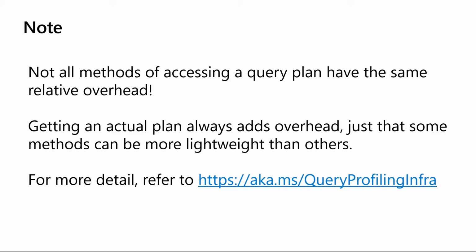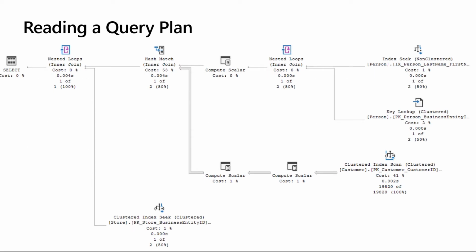Now that we've seen how to access a query plan, let's see how to read a query plan, namely a query plan that we have in a graphical format. So the flow of data is always read from right to left. And the thickness of the rows that flow through the operators will give you an indication of the number of rows in each dataset, like the one that's coming from the customer table clustered index scan on the lower right quadrant.